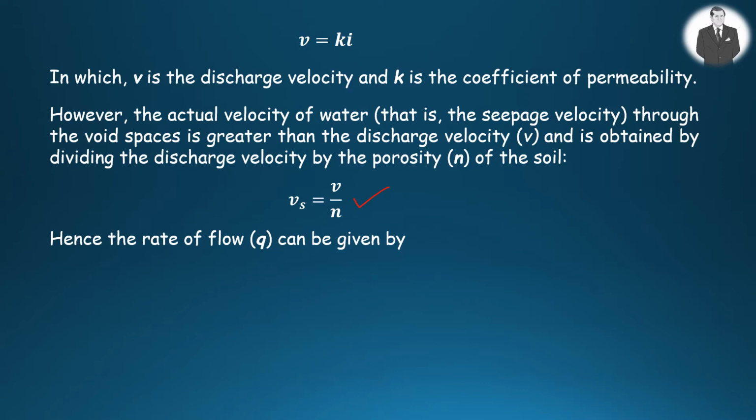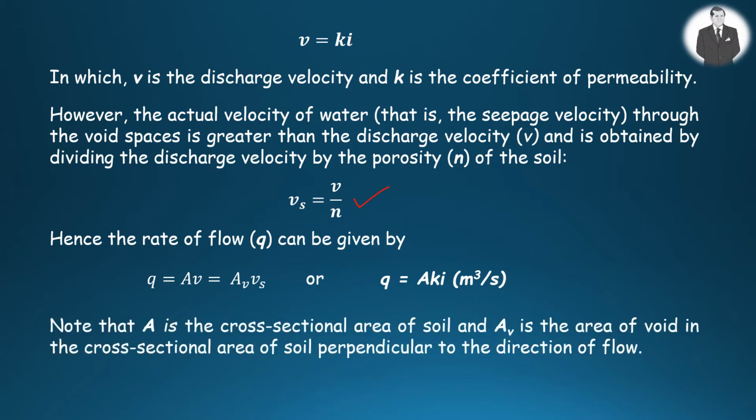Therefore, the rate of flow can be expressed by A times V or A sub V times V sub S. Or it can also be expressed in terms of A times K times i. i is the hydraulic gradient.